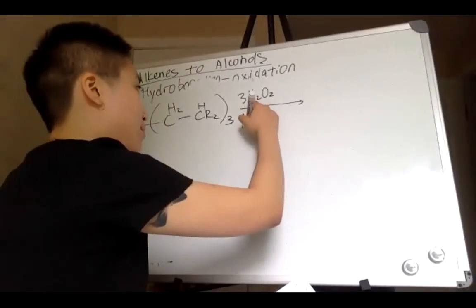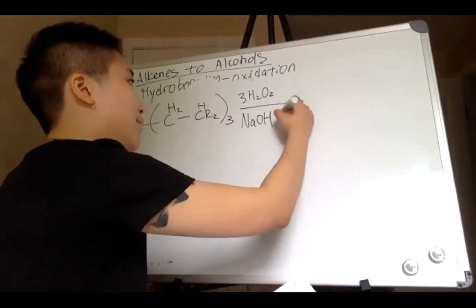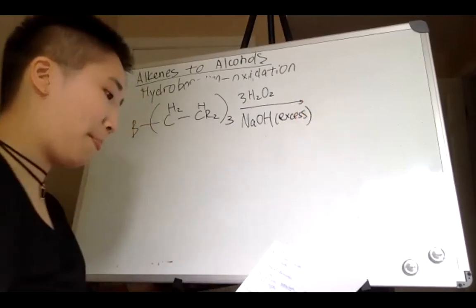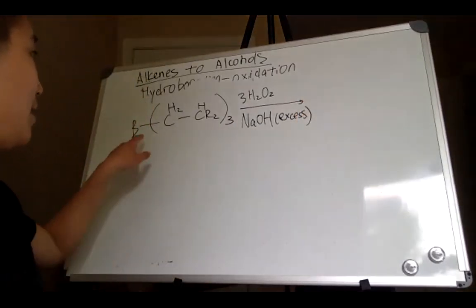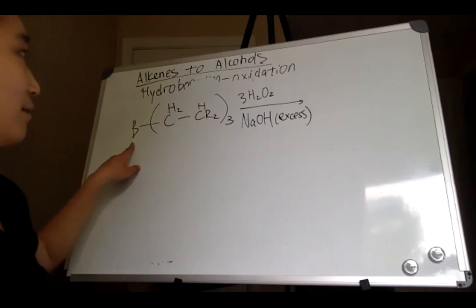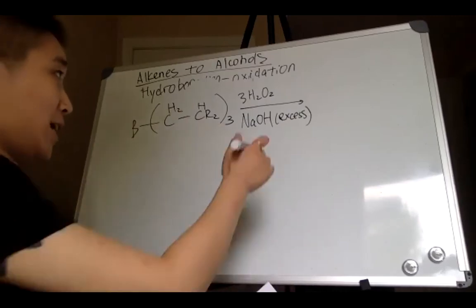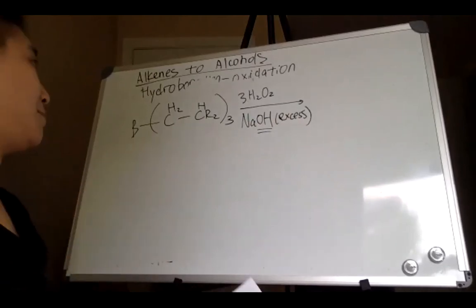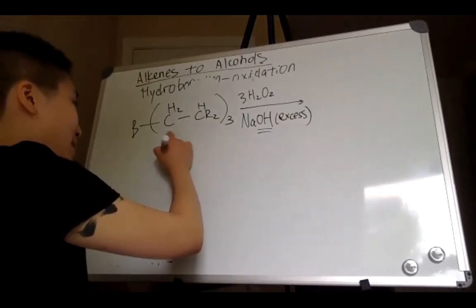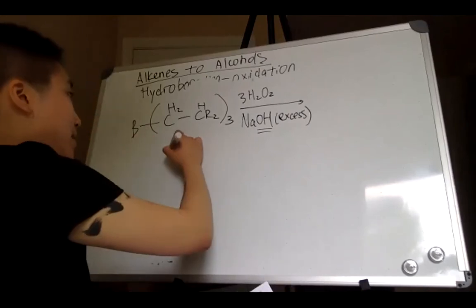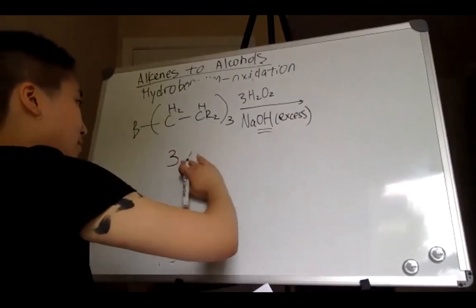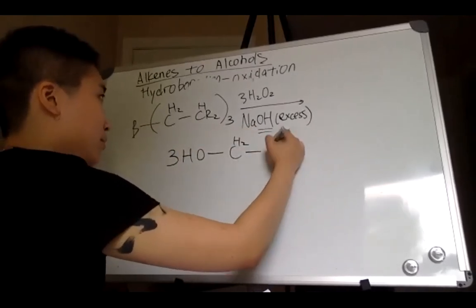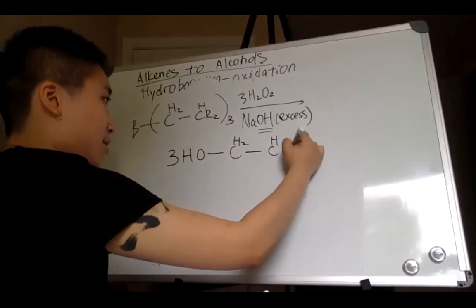And also I'm going to throw it in a sea of NaOH, so excess. What I'm going to end up getting is that I'm going to replace my boron with my OH. I'm going to replace my boron with OH 3 times. Therefore, what I'm going to end up generating is going to be 3 OH-CH2-CR2H.